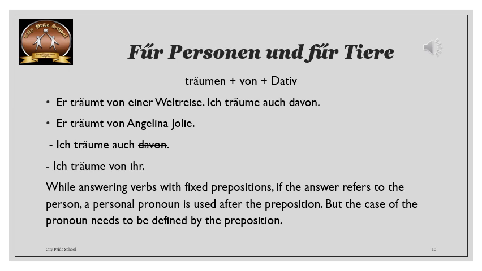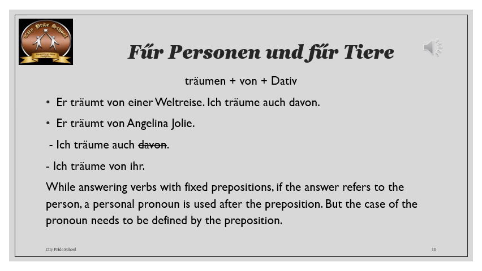But it is not always necessary that we will dream of anything only. Er träumt von Angelina Jolie. Angelina Jolie is a famous actress. So he is dreaming of her. So can we use Ich träume auch davon? Nein. Davon is total falsch. Davon is nicht richtig.